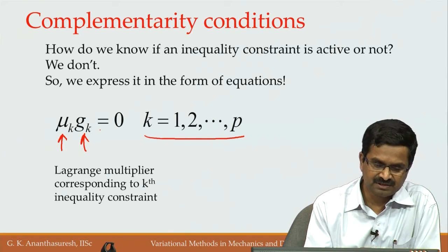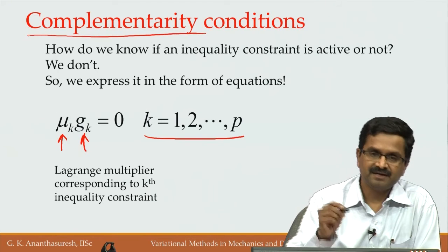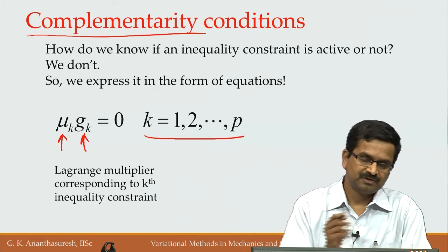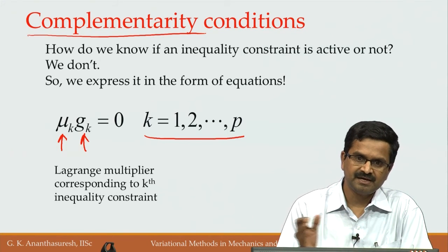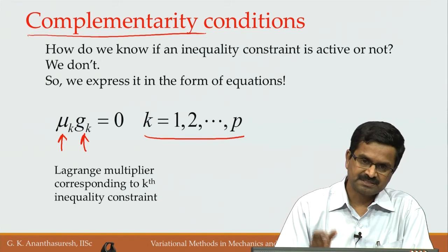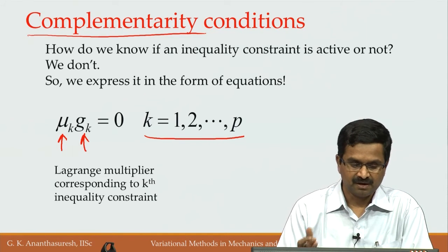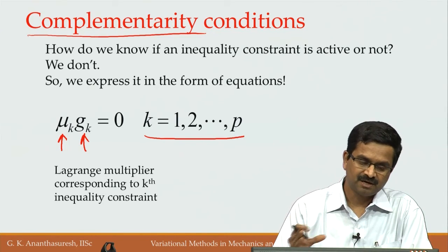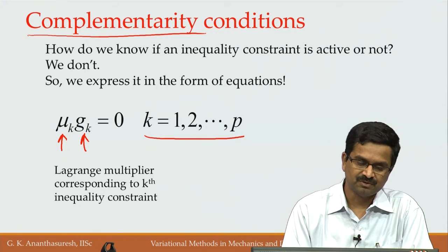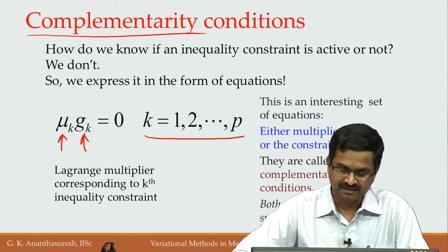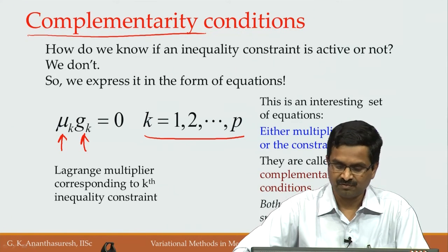The nice thing about this way of writing, what is called complementarity, is that either this or that is equal to 0. When you say mu k times g k equal to 0, it can be satisfied by making mu k 0 or g k 0. Both can be 0, that is a special case, but at least one of them has to be equal to 0. There are two cases. These are called complementarity conditions and this will become useful for us.